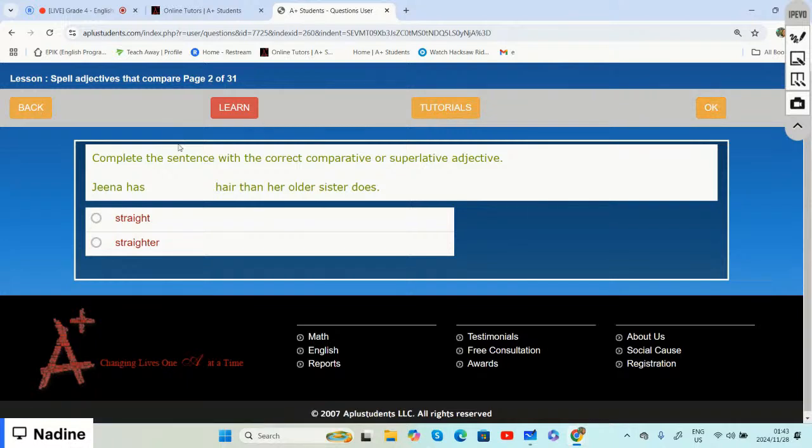The next one says Gina has, do we say straight hair than her older sister does? Or she has straighter hair than her older sister does? Option one, straight hair, or option two, straighter hair? Which one is correct?